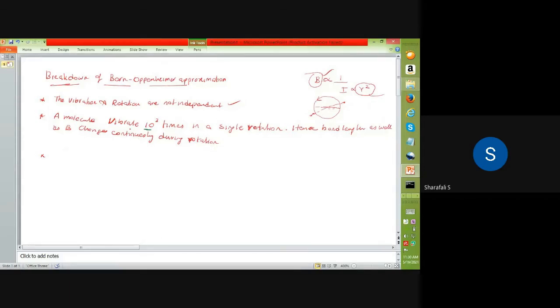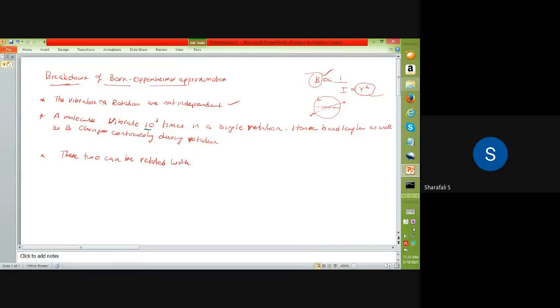So an approximate equation can be given like this. These two, vibration and rotation, can be connected or related with an equation.